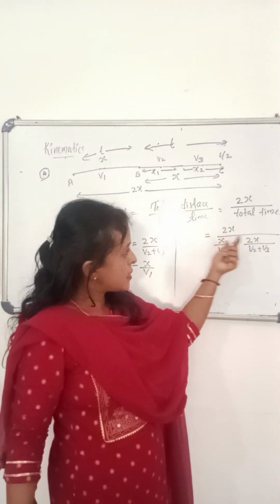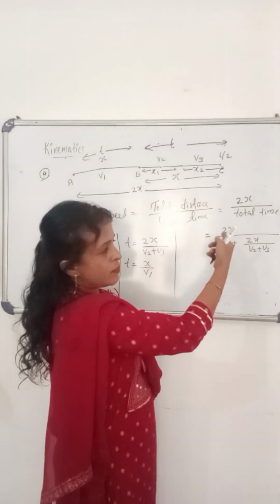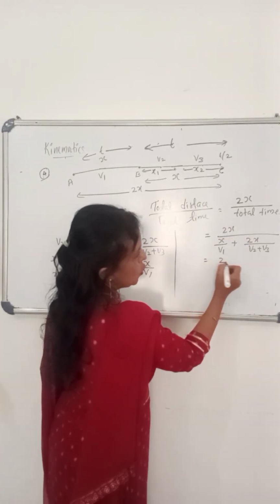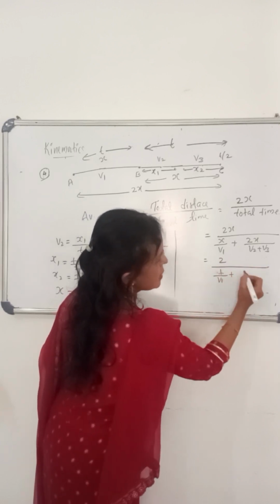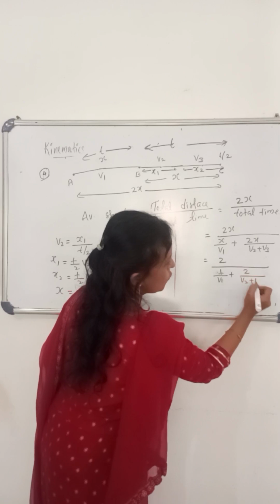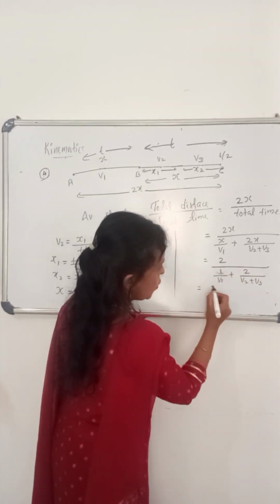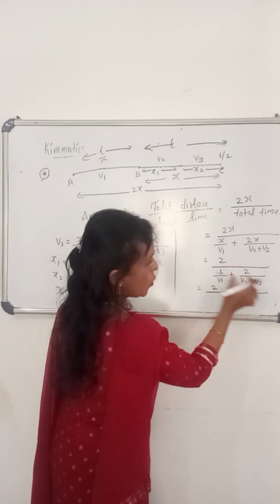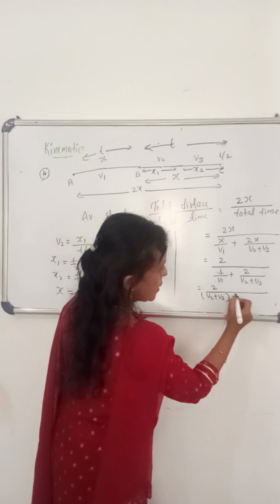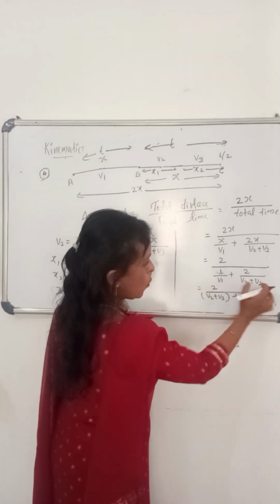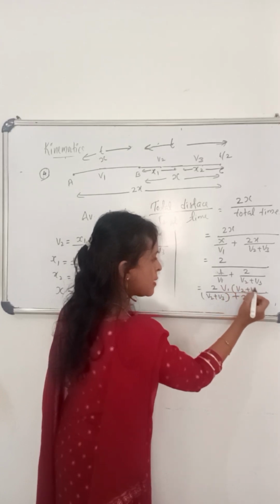Okay, then x is common, take it out and cancel with the numerator x. So 2 divided by 1 by v1 plus 2 by (v2 plus v3). Then simplifying, multiply with this v2 plus v3 and multiply 2v1, then bring to the numerator: 2v1 times (v2 plus v3).